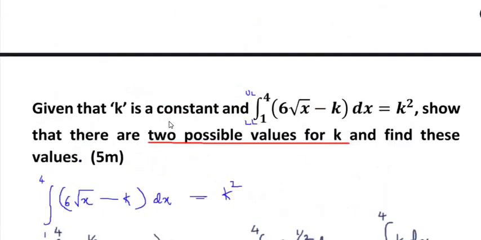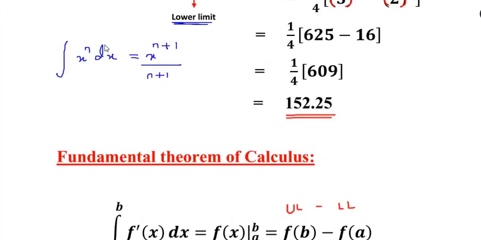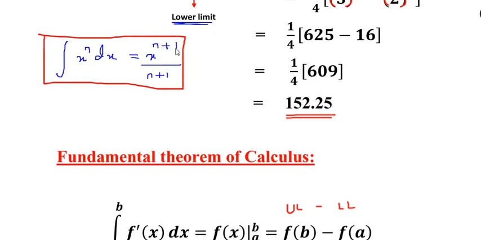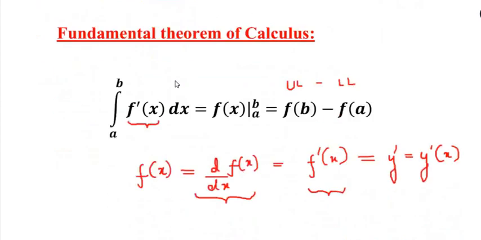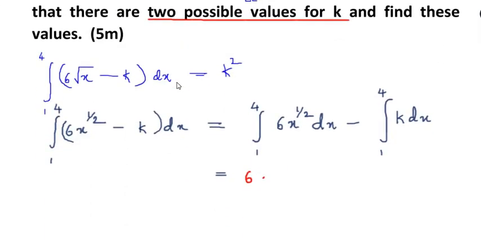Here we are going to use the same formula, that is x to the power of n plus 1 over n plus 1. So the power of x is incremented by 1. So here we write it as x to the power of half plus 1. The same power repeats here, half plus 1.